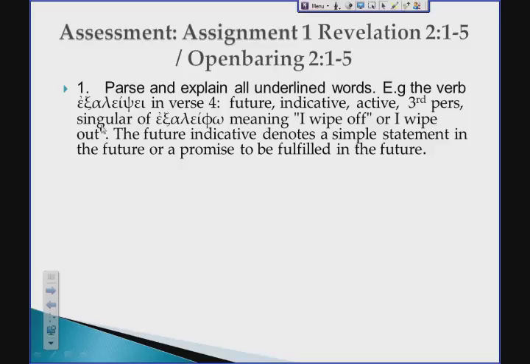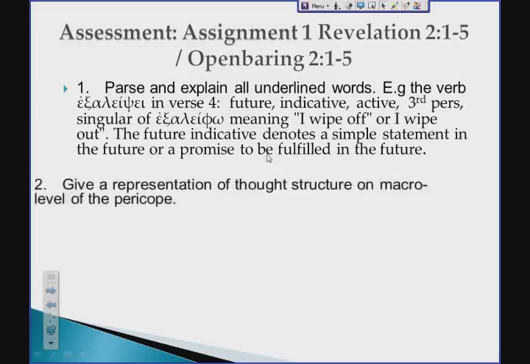And it's singular of that verb, the dictionary form or the lexical form. It means I wipe off or I wipe out, and then you explain your future indicative. It's just a simple statement to be fulfilled in the future, or a promise to be fulfilled in the future.